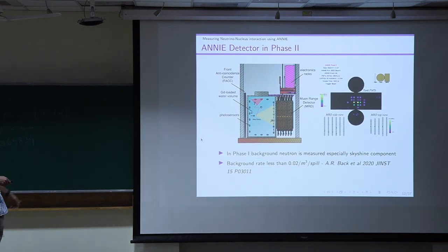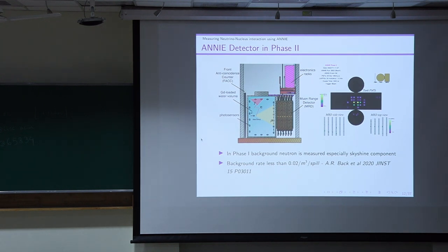That background is less than 0.02 per cubic meter per spill. That is not neutrons in the beam, but neutrons produced from the beam, maybe through interaction with the wall or side of the detector.